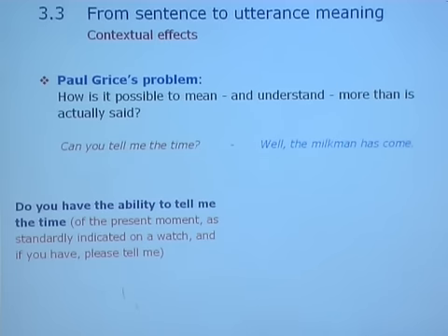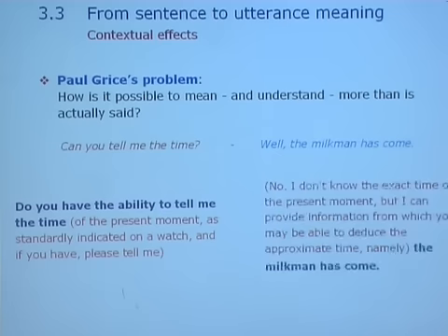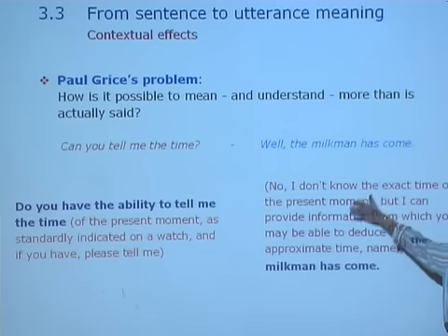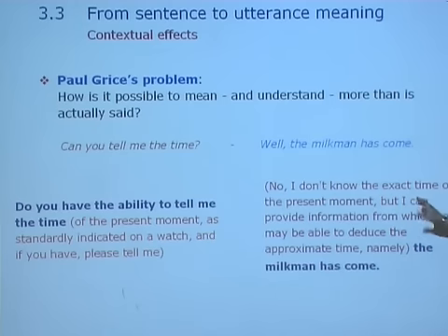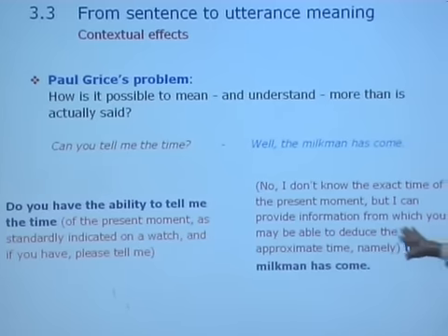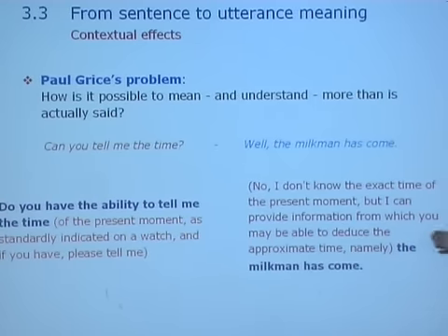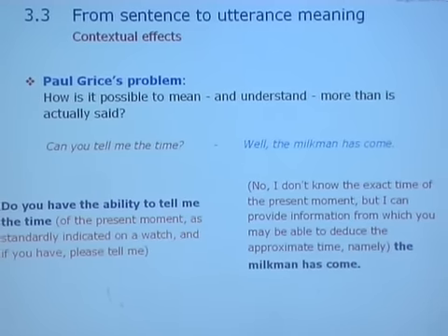What about the reply? Well, the milkman has come. When someone says well, they convey a lot of information already with this little word. Namely, well, no, I don't know the exact time of the present moment, but I can provide information from which you may be able to deduce the approximate time, namely, the milkman has come.